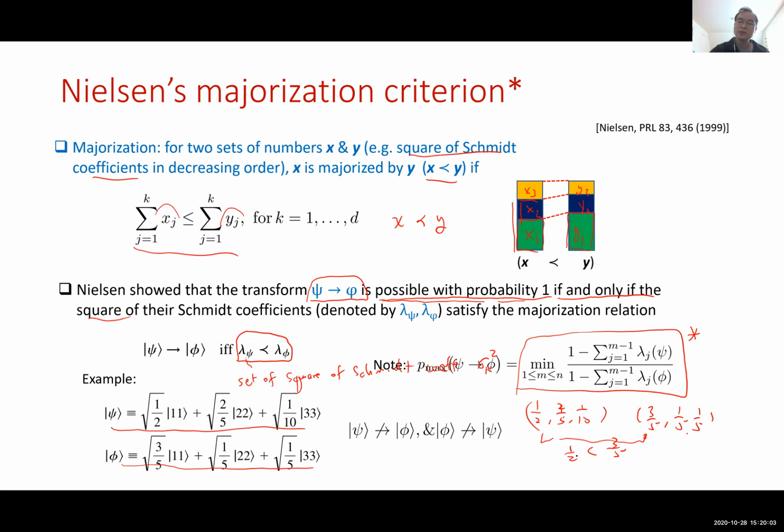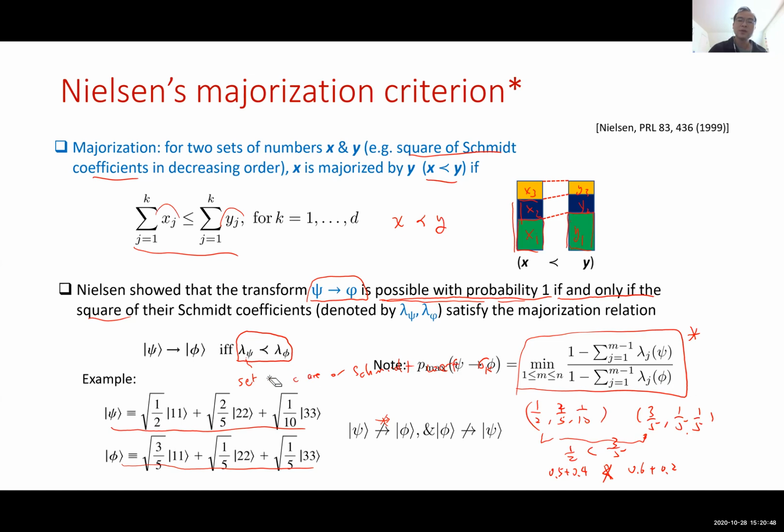So 0.5 is less than 0.6. Then 0.5 add 0.4, is it still less than 0.6 plus 0.2? It's not, right? So they have no relation in the majorization. So that means I cannot transform with certainty from psi to phi nor backward. So this is a way to check the transformation can be achieved with probability 1.